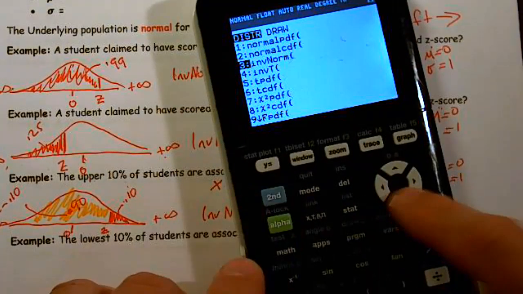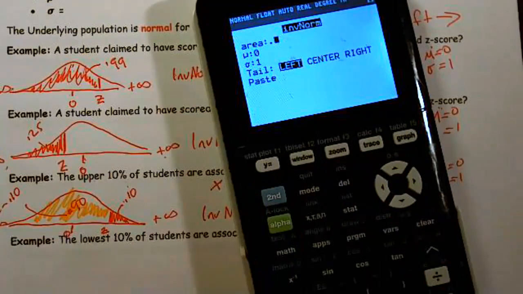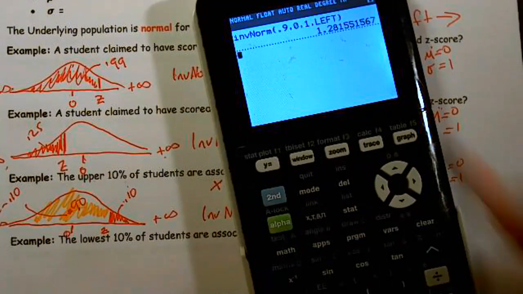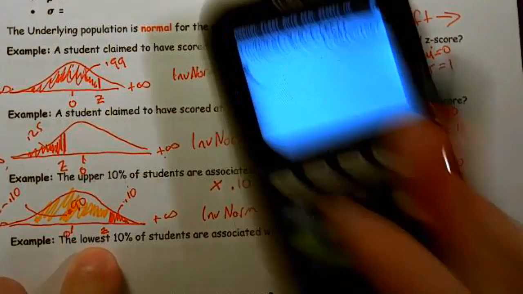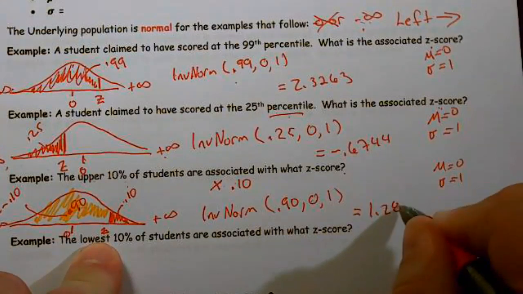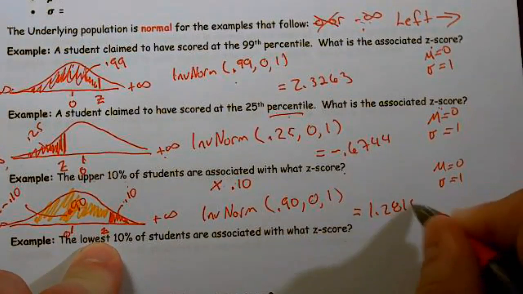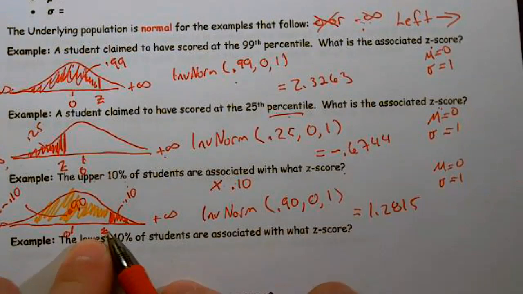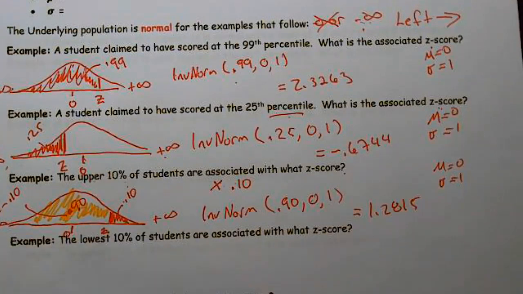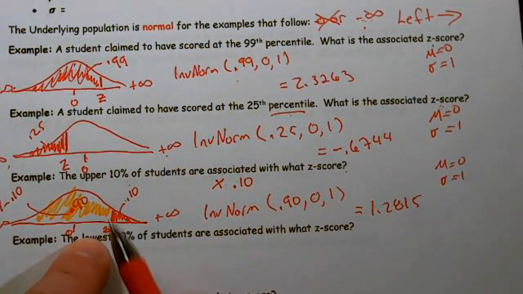Second vars, inverse norm, 0.9, mean is 0, standard deviation 1, and it's like 1.28. Well, that makes sense. 1.2815 makes sense because it's positive, which means it's above 0. We knew it had to be positive because the whole thing had to be above 0.